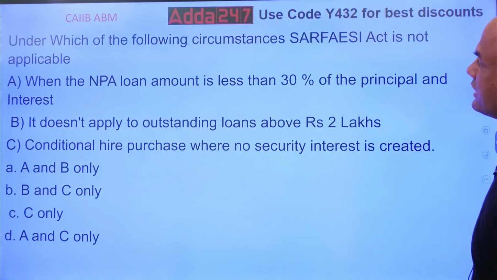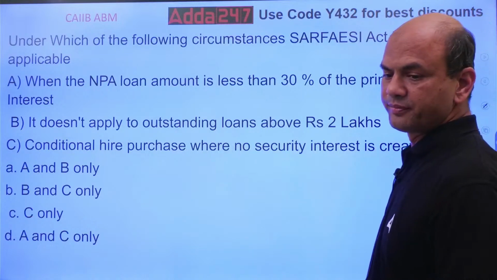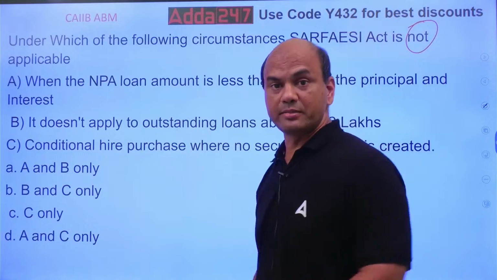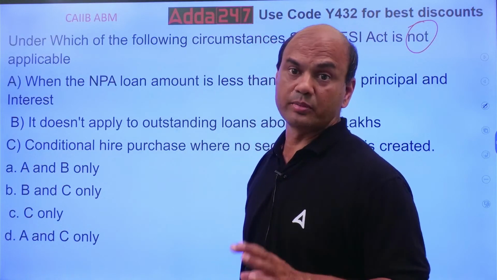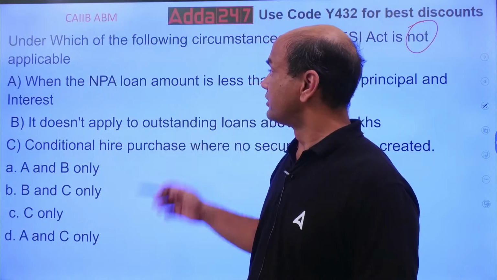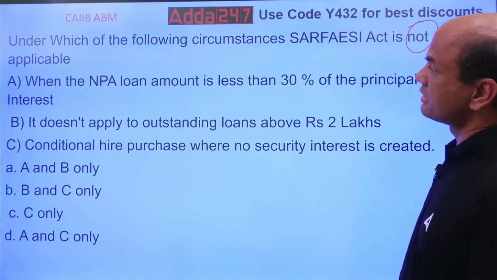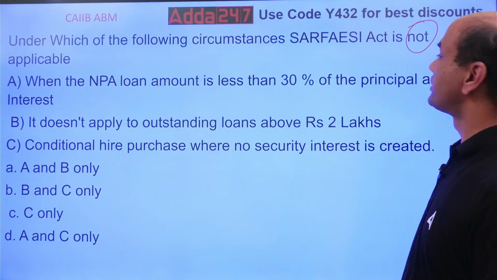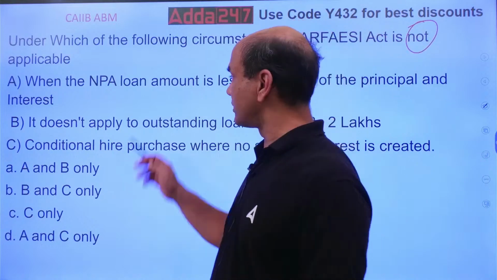Under which of the following circumstances is the SARFAESI Act not applicable? There are certain terms and conditions for the Act to be applicable. When an NPA loan amount is less than 30% of the principal and the interest, is it not applicable then?